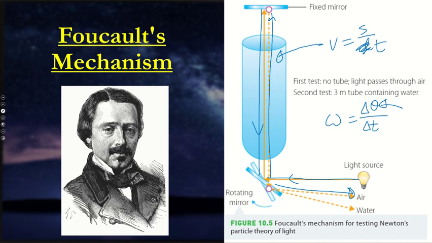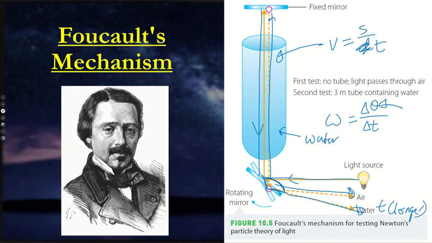So what they found was the overall change in angle, the time it took for the light to go through a tube of water in comparison to a tube of just pure air, it took a longer time. So time was longer when it went through a tube of water.